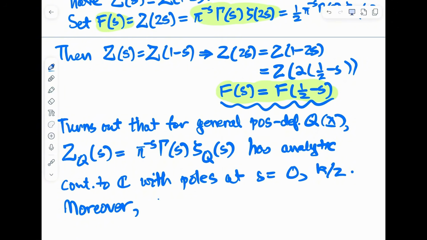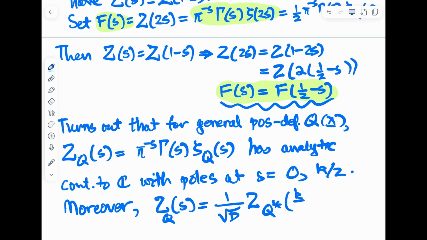So moreover, we're going to have the equation zq of s will be 1 over the square root of d times zq star of k halves minus s. Let me make sure that I'm recording this correctly. Yes, right.